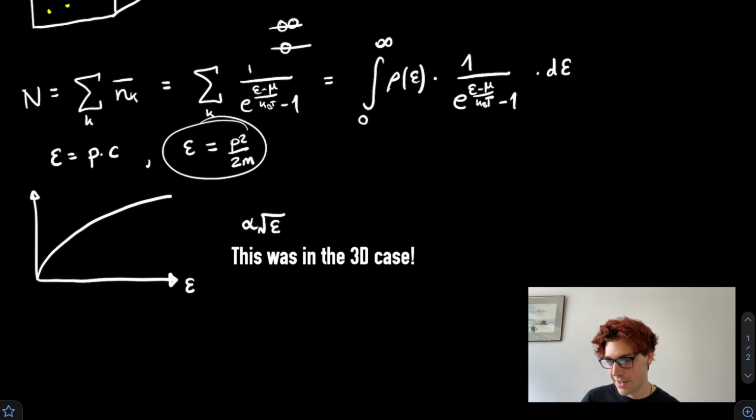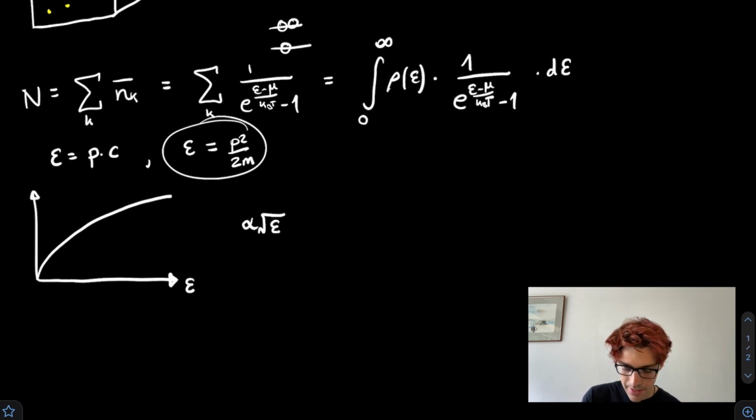So there are a whole bunch of other constants that were in the prefactor, but basically the density of states would scale proportionally to the square root of energy. And for our purposes, that's kind of all that matters. We don't really care about all these constants a huge amount. We're only interested in pretty much how the density of states scales with energy.